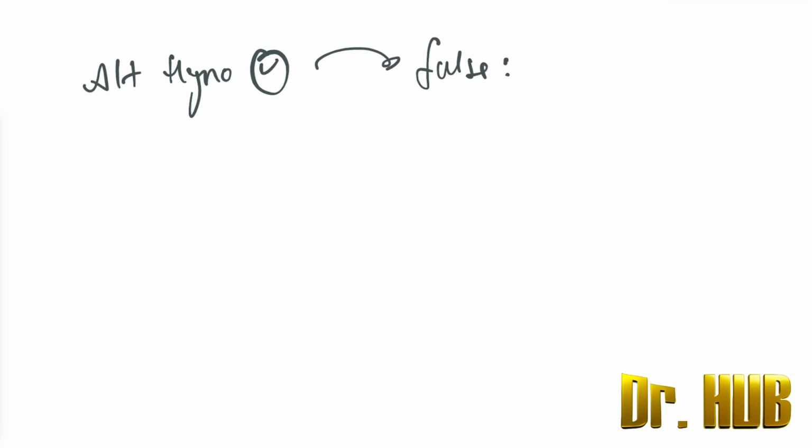So this is a type 1 error. That is when an alternative hypothesis is accepted even when it is false, and the null hypothesis is true.